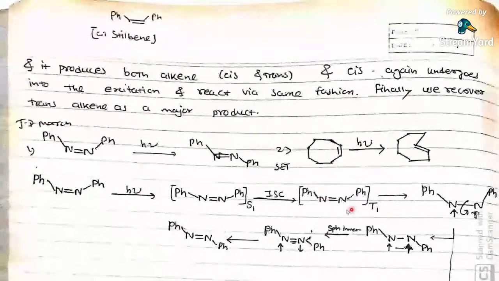In the T1 state, the second double bond will form the diradical, and after the formation of the diradical the bond will undergo rotation. After rotation it will form the trans structure, and then it will undergo spin inversion where the spin becomes anti-parallel, and the bond will again get formed, and in this way the cis structure will be converted to the trans structure.